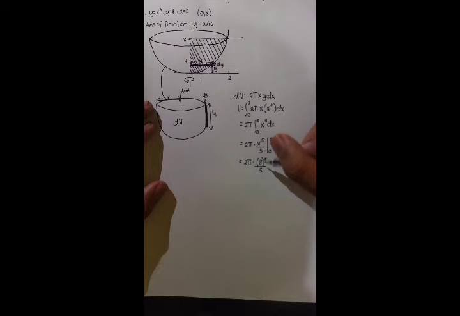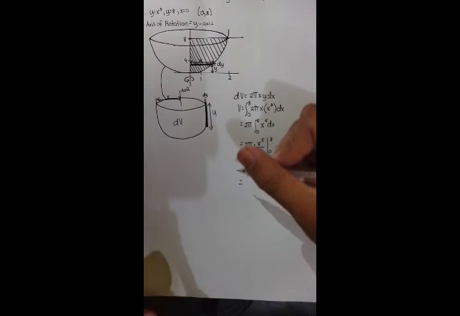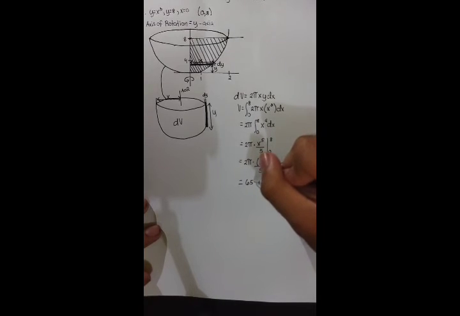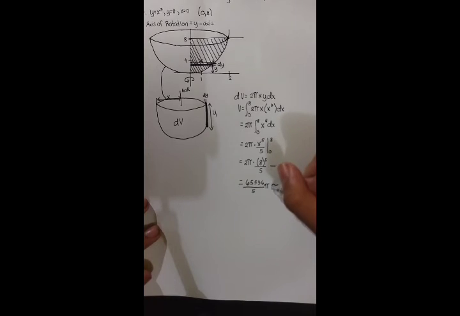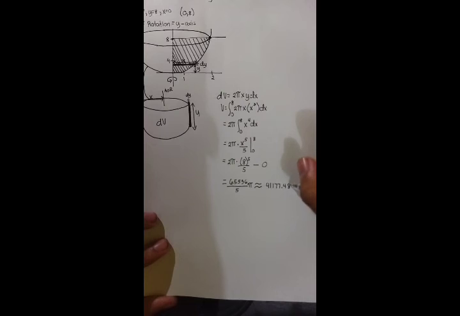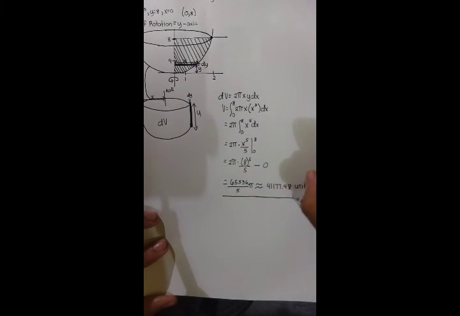So 2 pi times 8 raised to 5 over 5 minus 0 is equal to 65,536 over 5 pi, or it is equal to 41,177.48 cubic units. And this is our answer.